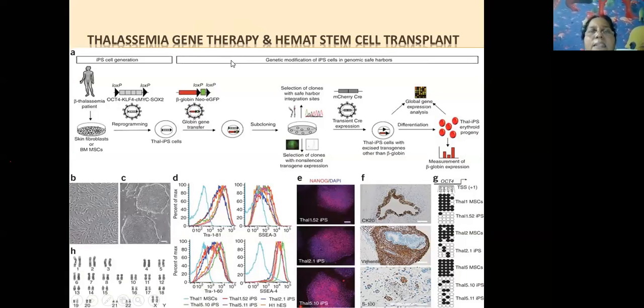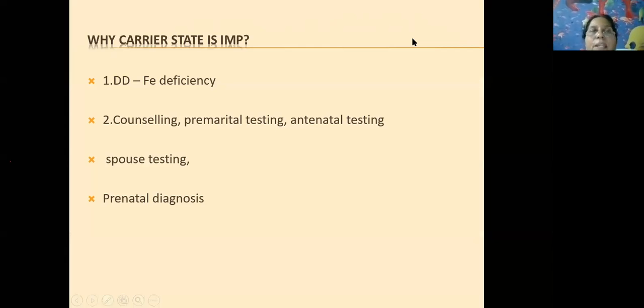Thalassemia gene therapy is being advocated, but hematopoietic stem cell transplant is being done and is found to be very effective.